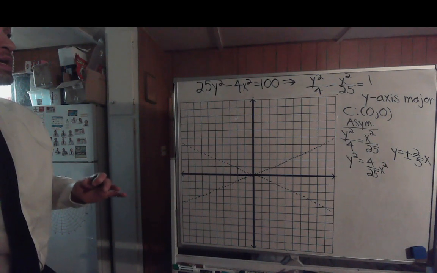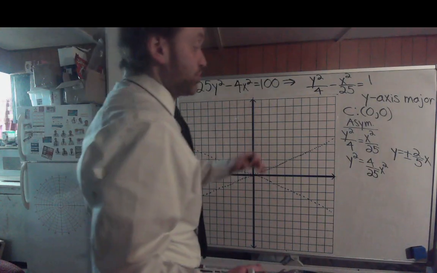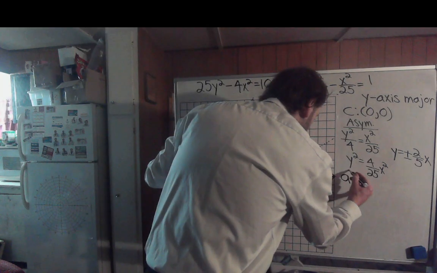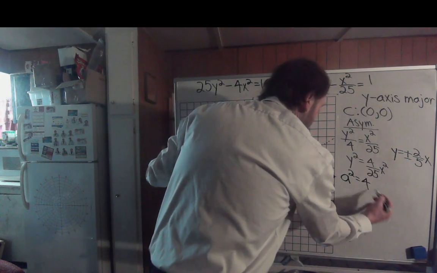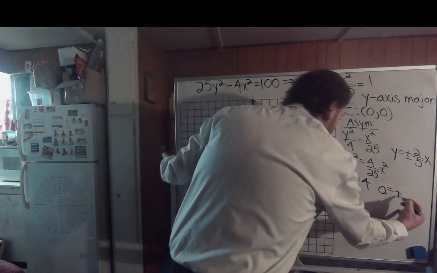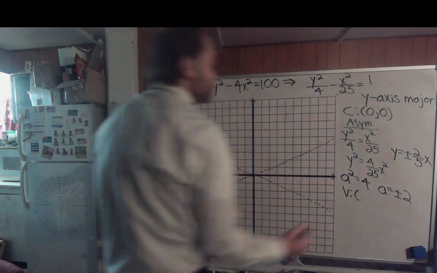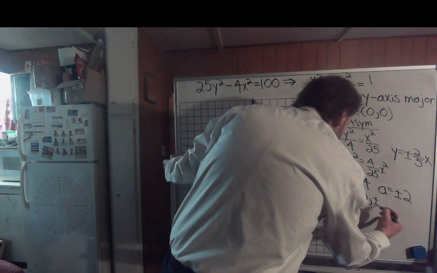Okay. Now, y is your major axis, so that means a squared equals 4, which would have to mean a equals plus and minus 2. So your vertices, since your y-axis is your major axis, would be 0, plus and minus 2.